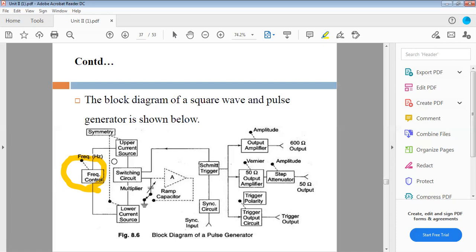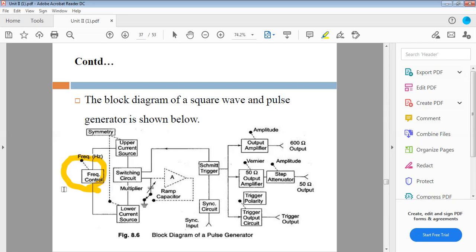We can vary it linearly. Manually, we can adjust the frequency from 1 Hz to 10 megahertz in 7 decade steps, so we can vary the frequency of the generated waveform over 7 decade steps from 1 Hz to 10 megahertz.